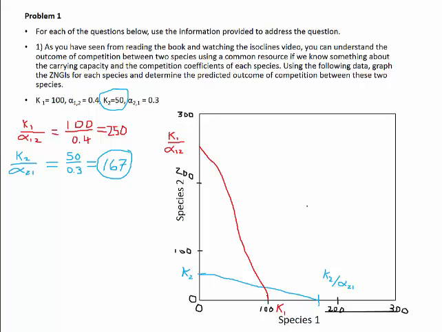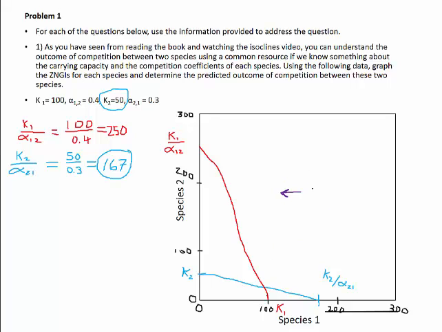So I'm going to start out here in the big space, up in the upper right-hand side. If we're out in this zone, and hopefully you can see my cursor moving around here, for species number 1, we're in negative territory. We are past the blue isocline, and we are up here in negative territory. So that means that for species 1, the direction of its population change is going to be to the left, because it's going to go closer to 0 because it's in negative growth territory.